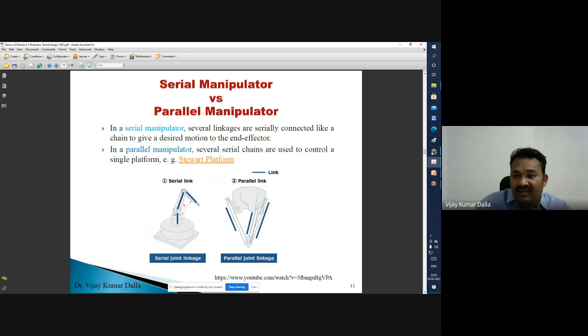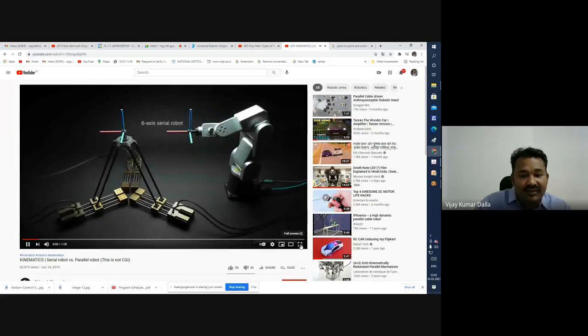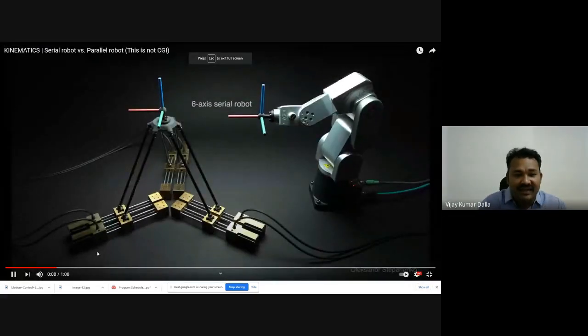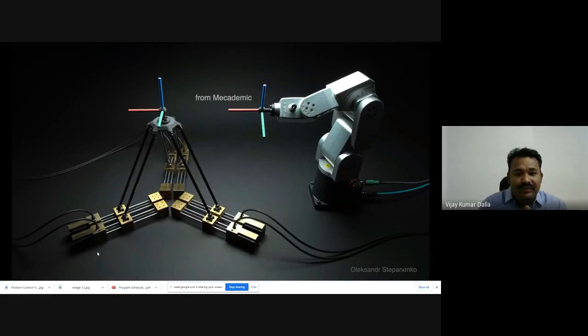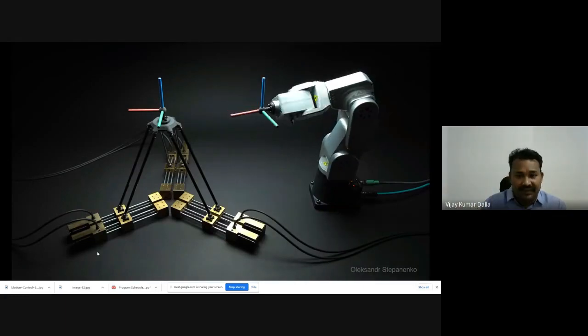This can also be visualized with the help of this YouTube video. See, left side there is a parallel manipulator, right side there is a serial manipulator.